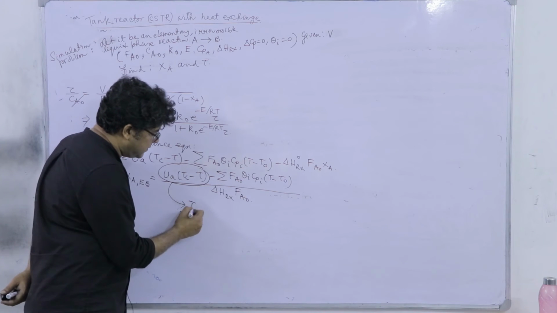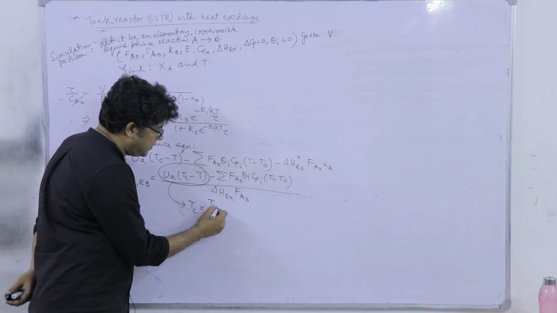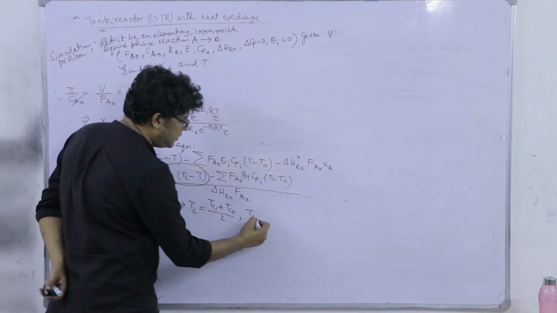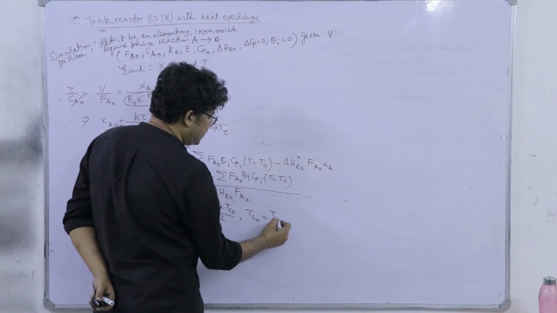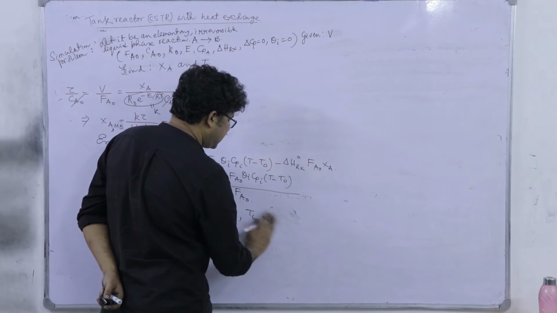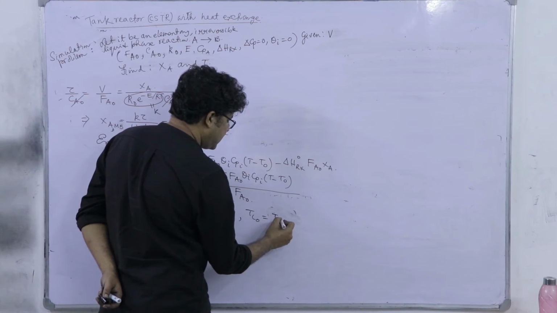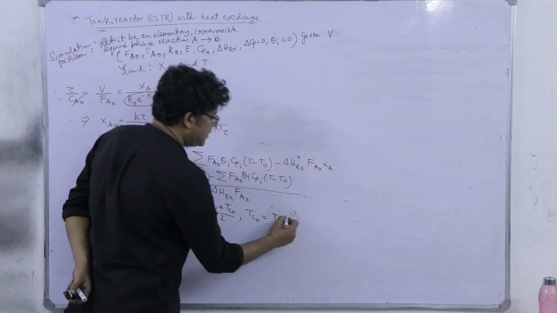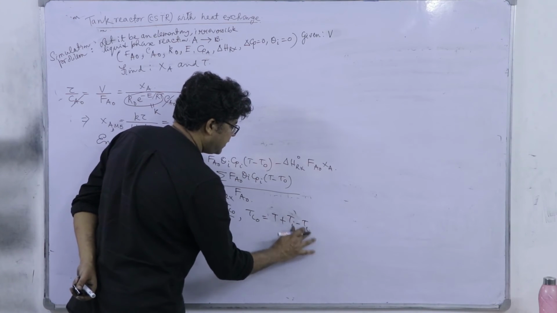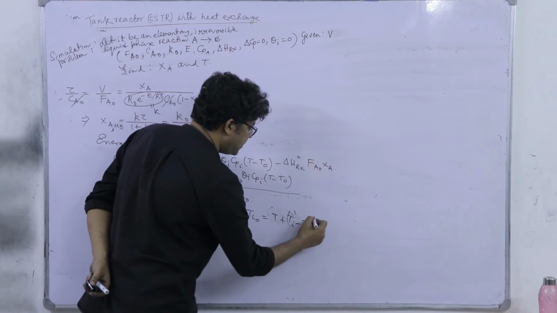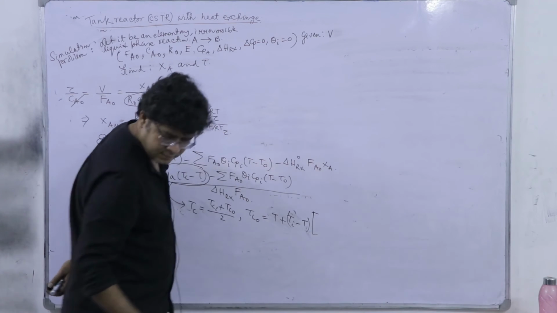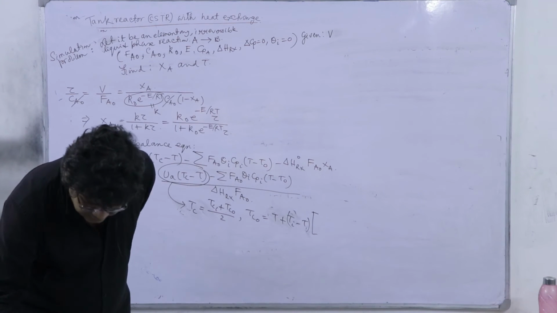Or otherwise, this Tc is equal to Tci plus Tco by 2. And what is Tco? Tco is equal to Tci minus T, or rather T plus Tci minus T into this, what we have got initially.